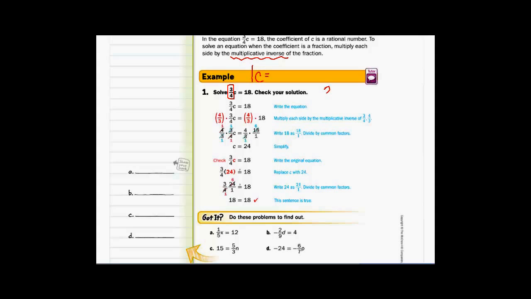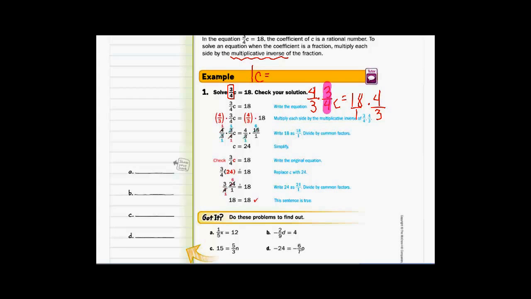So if I have 3/4 c equals 18, I can get this number, 3/4, to be a 1 if I multiply it by its reciprocal. Now, the cardinal law of equations says that whatever you do to one side, you have to do to the other. Well, I can't multiply that side because that's a whole number and that's a fraction. Well, then make it a fraction.